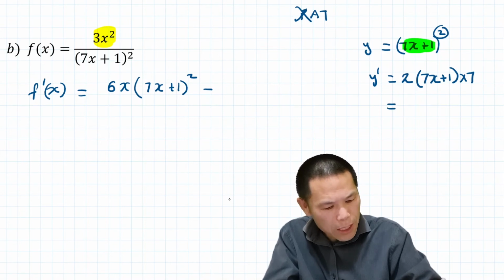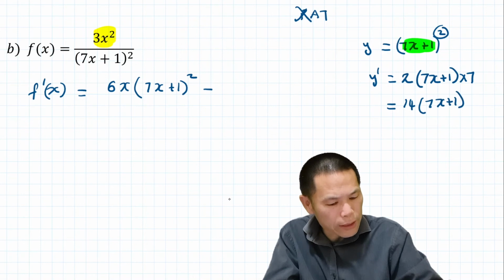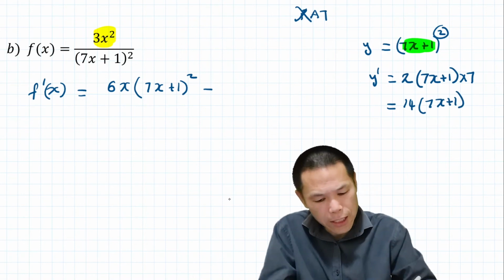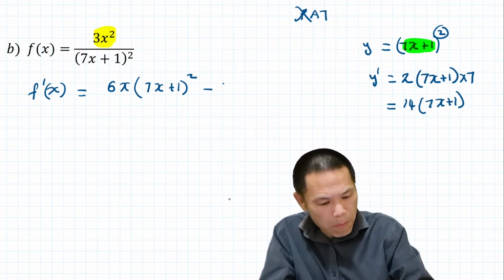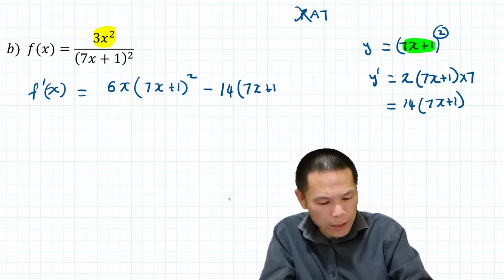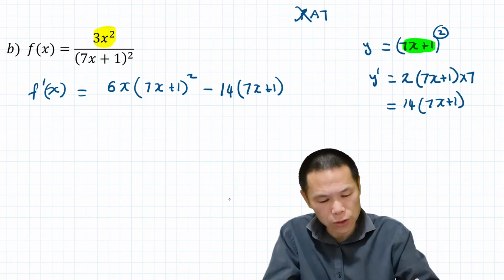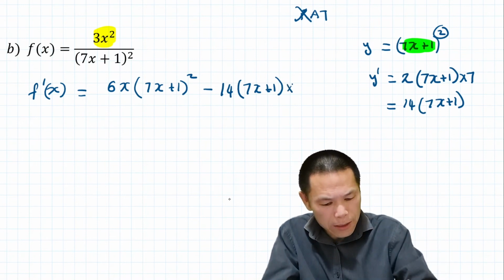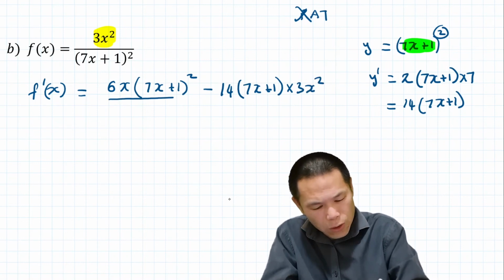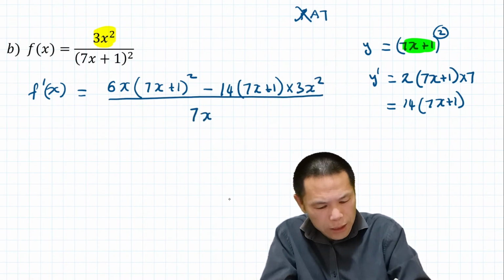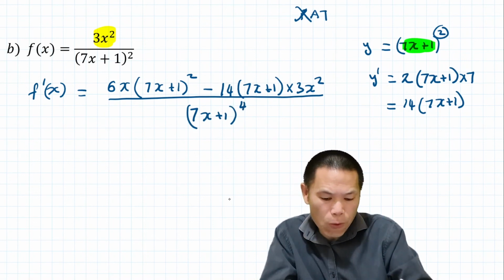So that gives me 14(7x plus 1). So we just leave as it is, okay? So that will give me minus 14(7x plus 1). And don't forget, we need to times the top function. So that is times by 3x squared. So that's over (7x plus 1) squared again. That is power 4. Okay.